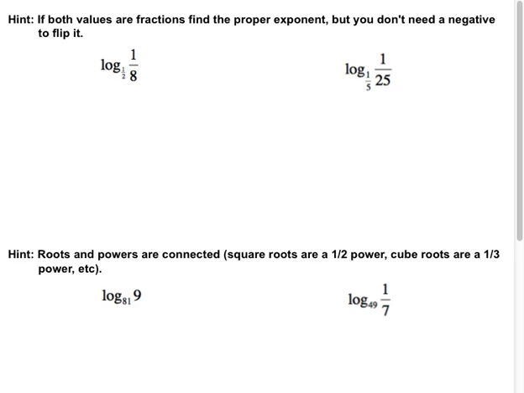Now, sometimes you actually don't need a negative exponent. So here, what if they're both fractions? Well, then it actually gets pretty easy, okay? So here, I need to rewrite this 8 as a 2. Well, hopefully that comes pretty naturally because, hopefully by now, you know 8 is 2 to the third power.